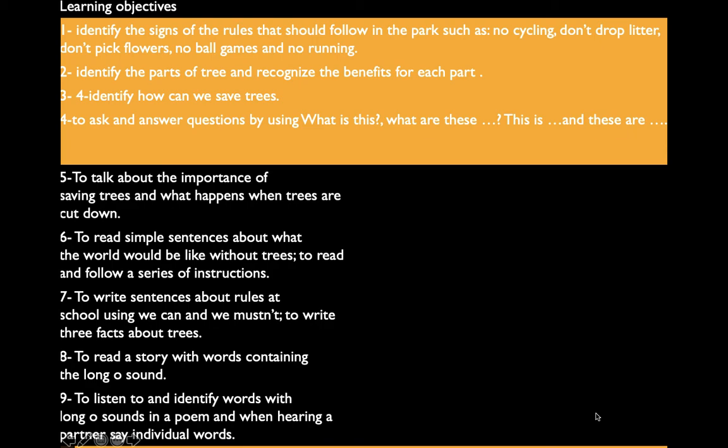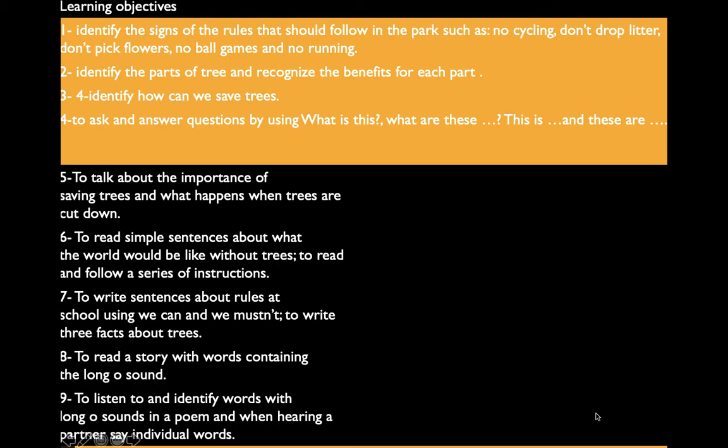Let's start with the first learning objective: identify the signs of the rules that should be followed in the park, such as no cycling, don't drop litter, don't pick flowers, no ball games, and no running.